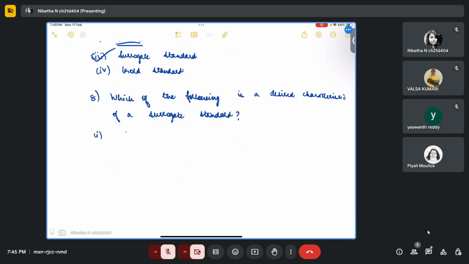Options are: the surrogate must have exactly the same molecular weight as the analyte.